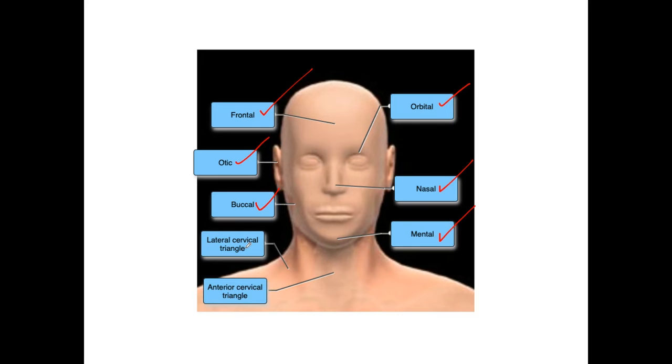Okay, so now we have an anterior cervical triangle and a lateral cervical triangle. Remember we talked about anatomical position. The palm was facing forward. I said the pinky was medial, the thumb was lateral. Lateral means it's away from the midline. So the lateral triangle looks like it's referring to this here, and the anterior cervical triangle looks like it's referring to this here.